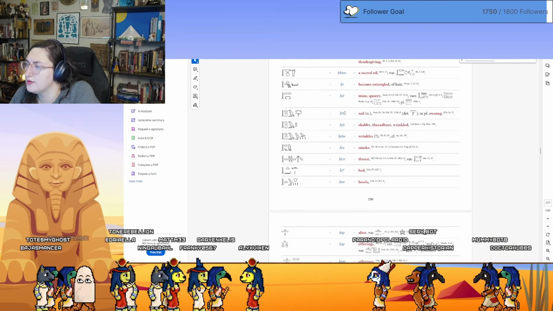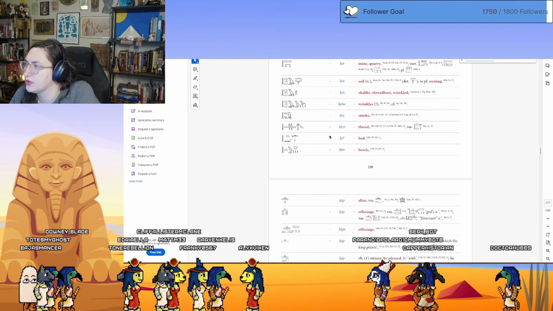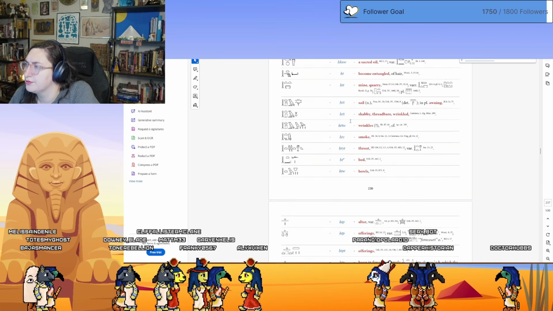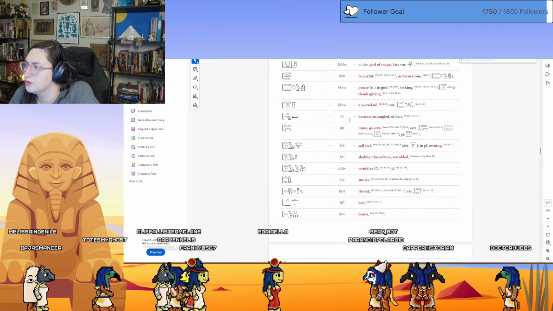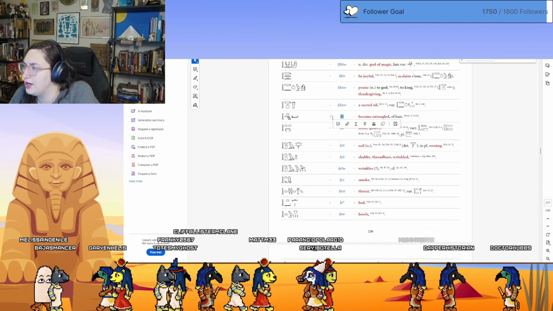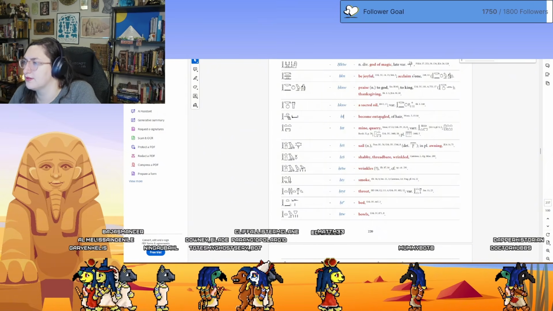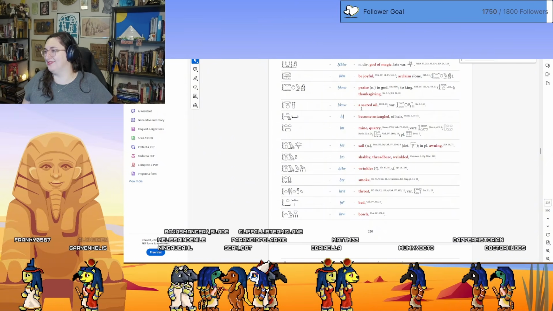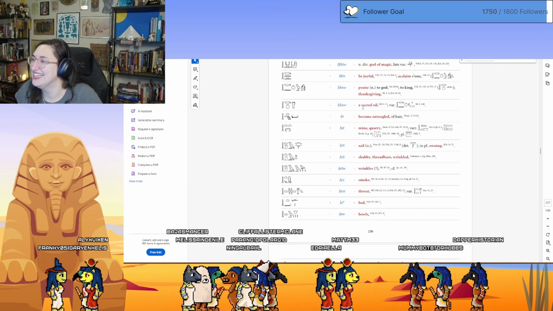After S is T? Yeah. Unfortunately, in Middle Egyptian, het is becoming entangled of hair, which is a great word that I now need to know.